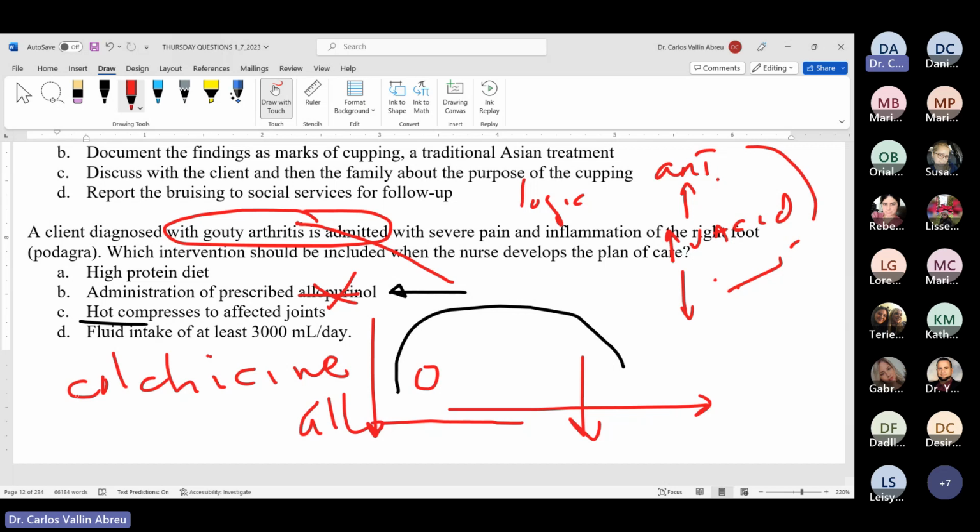So remember that for the acute gouty arthritis, no allopurinol, colchicine.